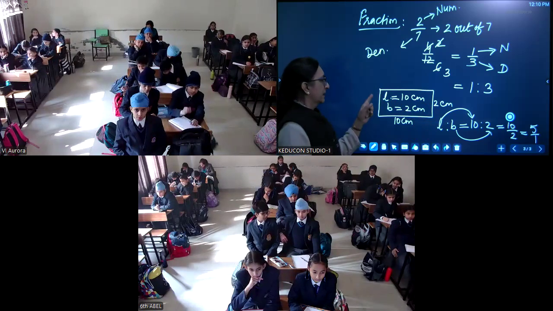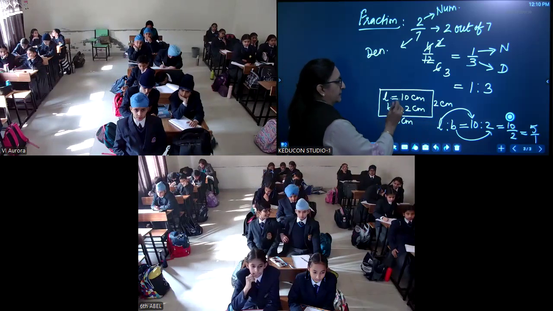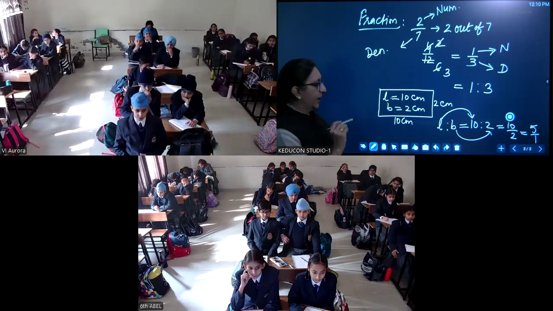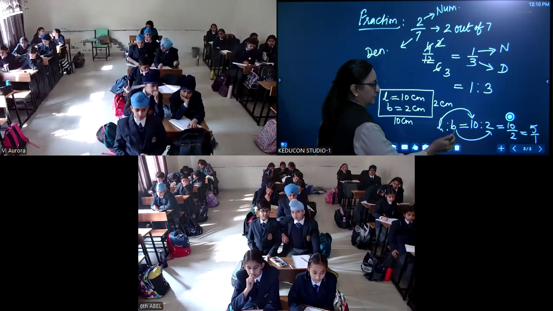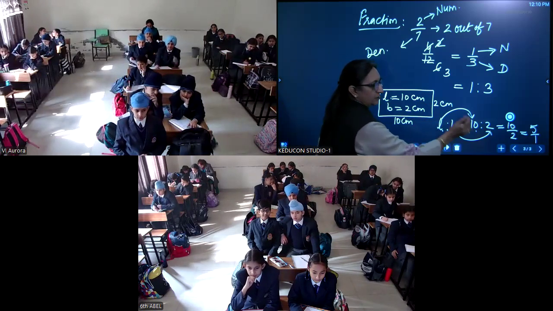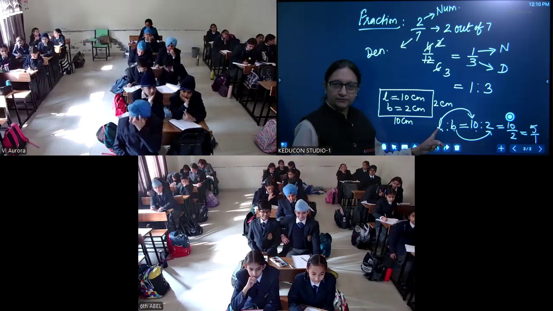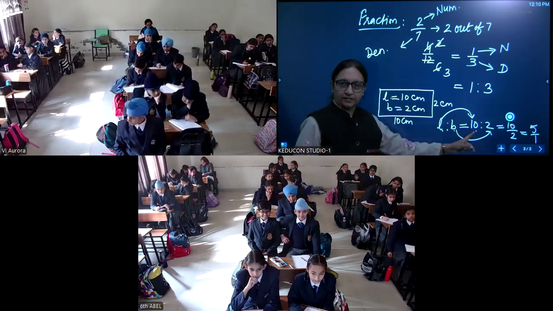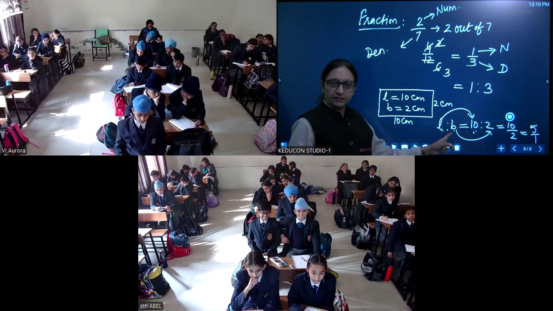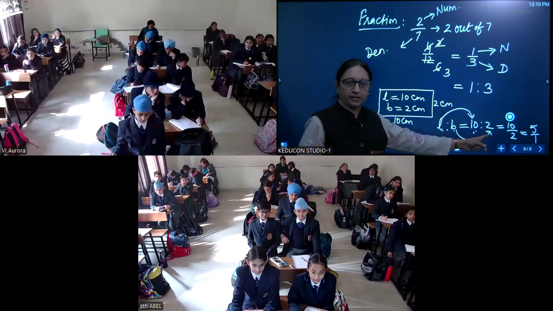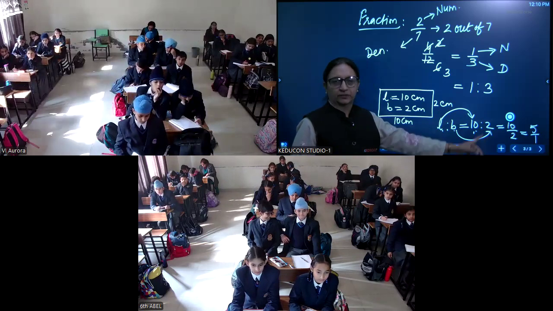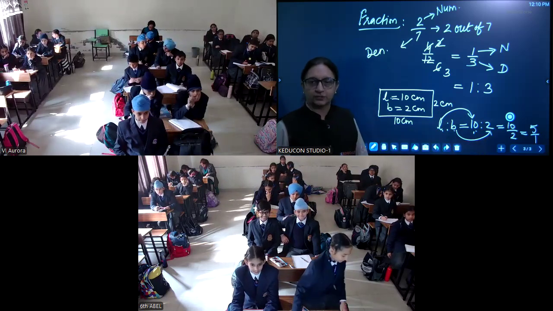How? Here I told you that length is 10, breadth is 2. I am writing it as L ratio B is equal to 10 ratio 2. L is written on the left side, so you will write 10 on the left side. B is written on the right side of the ratio, you will be writing breadth's value on the right side. You cannot write it as 2 ratio 10. Please remember.